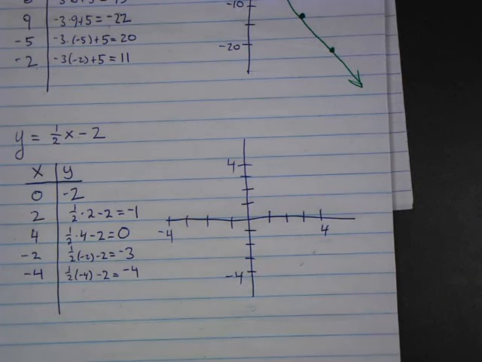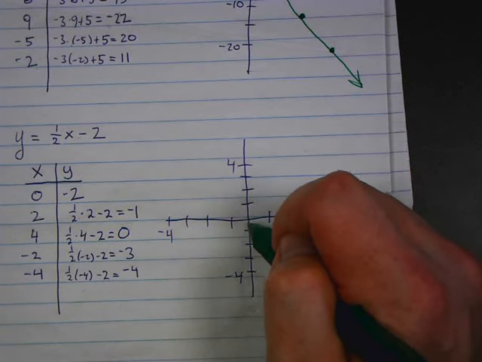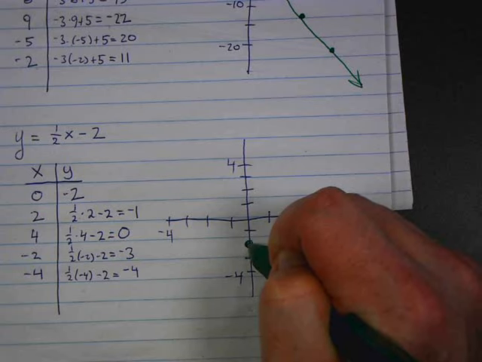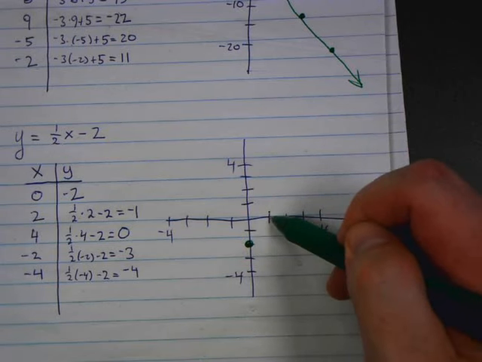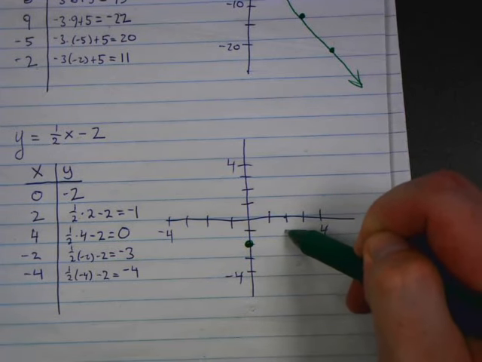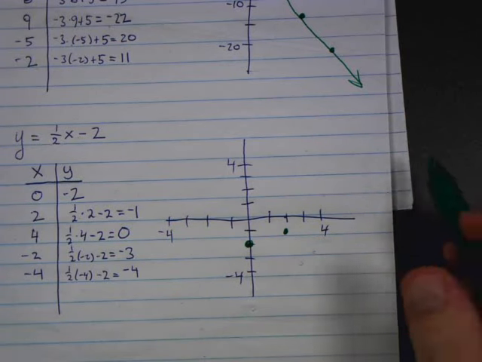(0, -2). Where is (0, -2)? On the y-axis. That's our y-intercept. (0, -2). Right there. (2, -1). (4, 0).